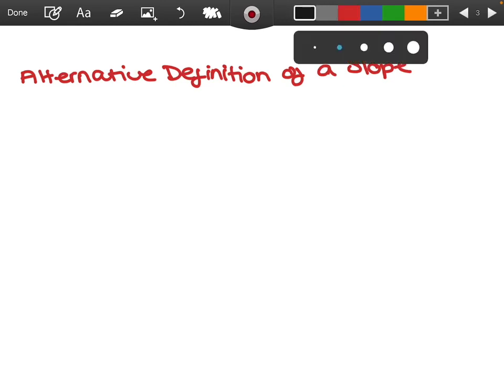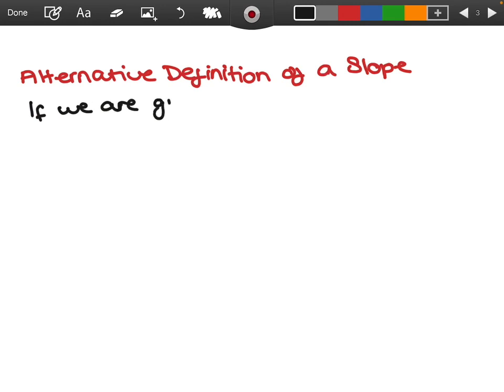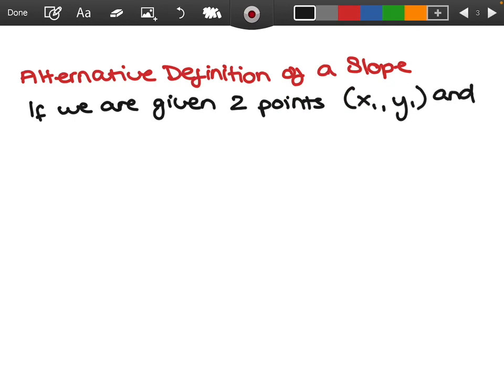So instead of being given the equation of the line and finding the slope, this time we are going to be given 2 points on the line. So if we are given 2 points, I'm going to call them x sub 1, y sub 1 and x sub 2, y sub 2. So we've got 2 points that lie on that line.